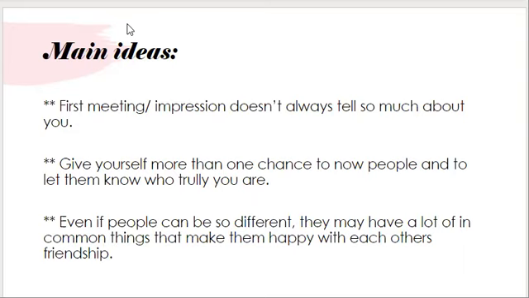And the third idea: even if people can be so different, they may have a lot in common, and things that can make them happy with each other. So we saw that Rashid and Jamal have things in common, but at the same time they're different. Jamal is funny, is outgoing, is open, he has a sense of humor.